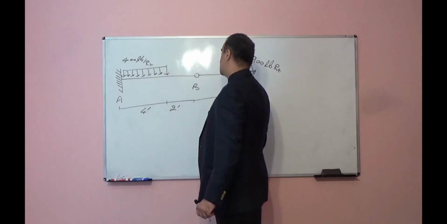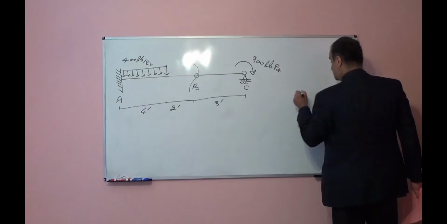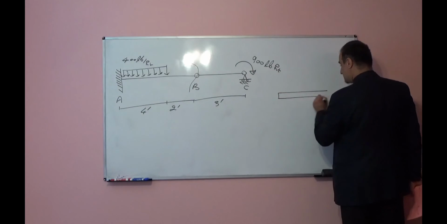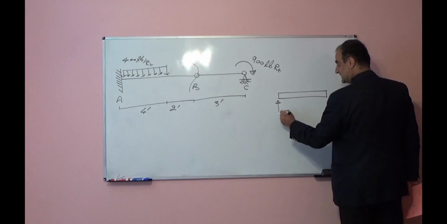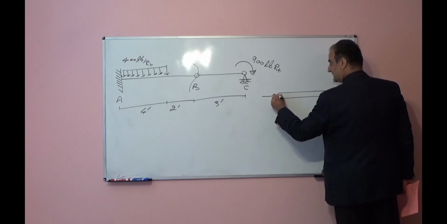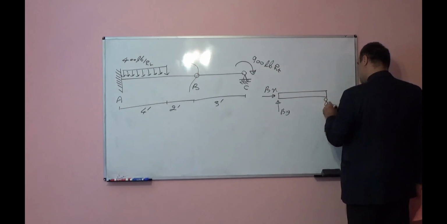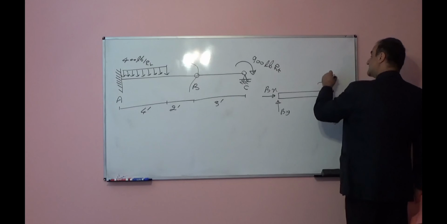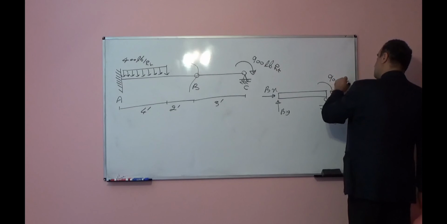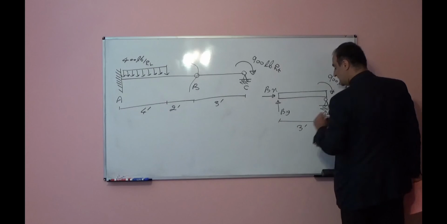Again, I will cut this into two pieces. One free body diagram for segment BC. This will be By, this will be Bx. I have support, so support reaction Cy, external moment 900 pound feet, this length, it is 3 feet.